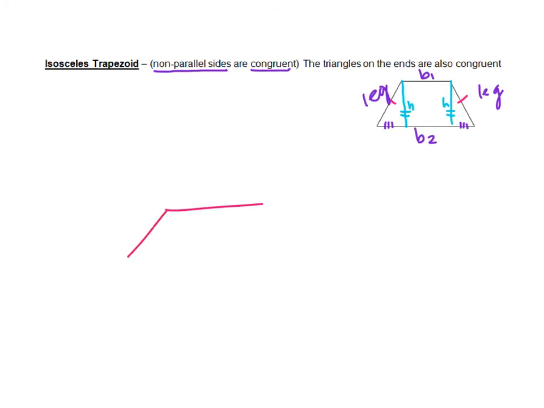So, for example, let's say we were told this was an isosceles trapezoid. I know it's not drawn perfectly. That means that these triangles on the end are congruent. If this is 8 up top, this is going to be an 8 on the bottom, because when we draw in those heights creating the triangles, we do have this rectangle, so those will be congruent.